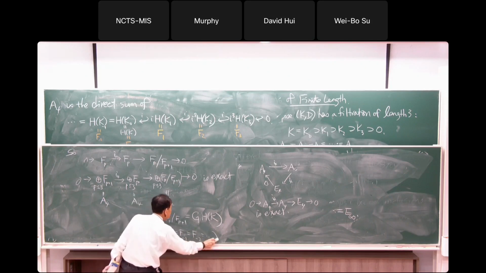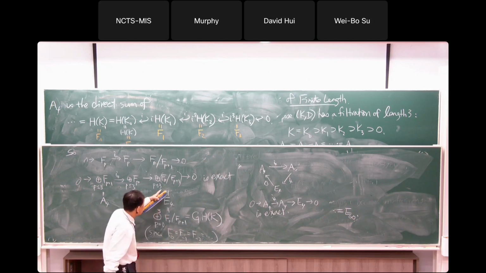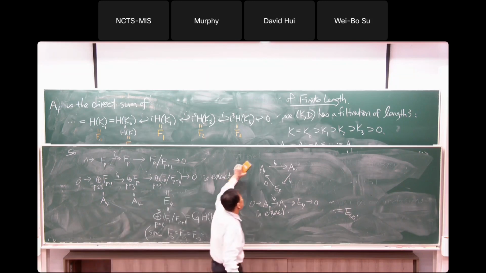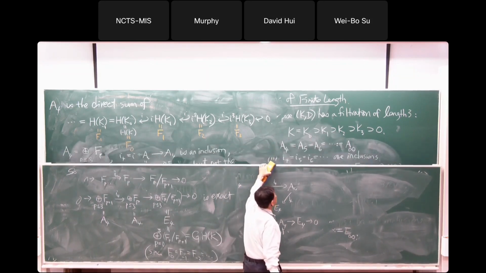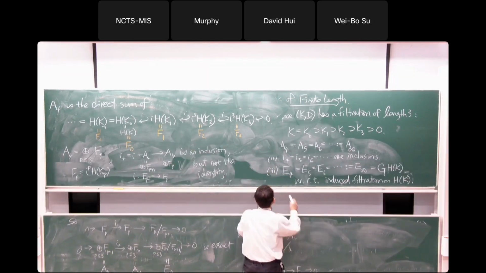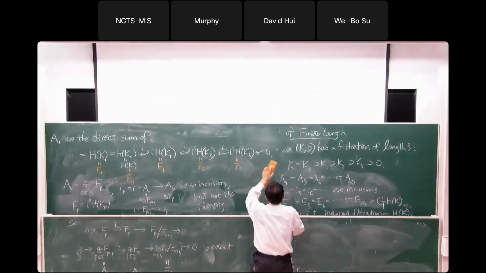So you don't need the negative terms. You go from 0 to 3, and that's precisely the associated graded complex of the cohomology. Okay? And so we have proven this theorem.